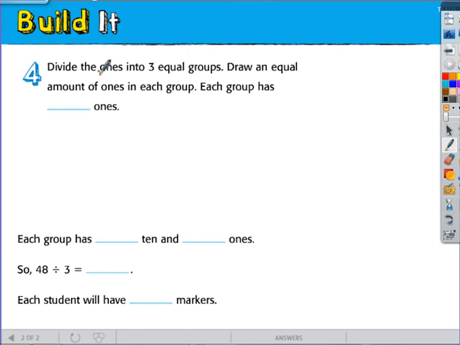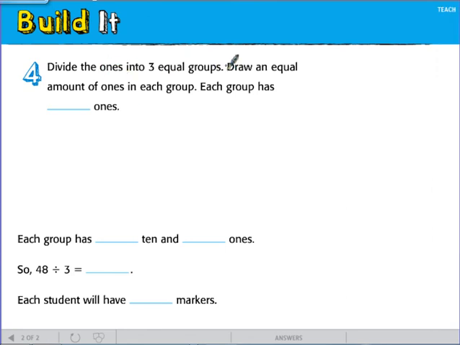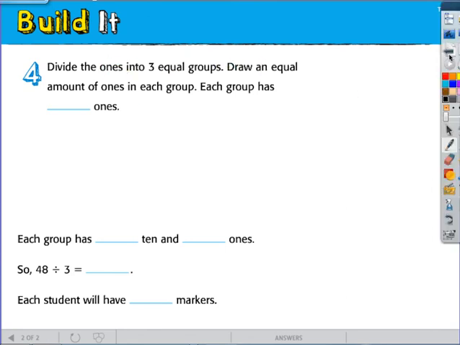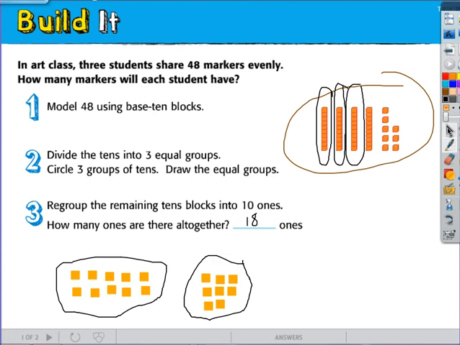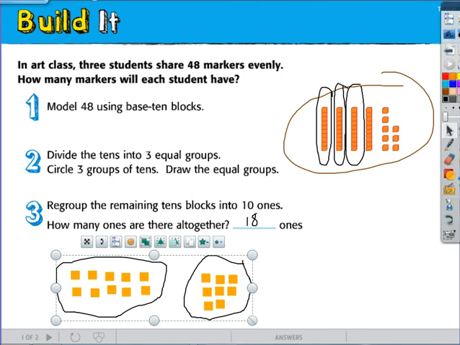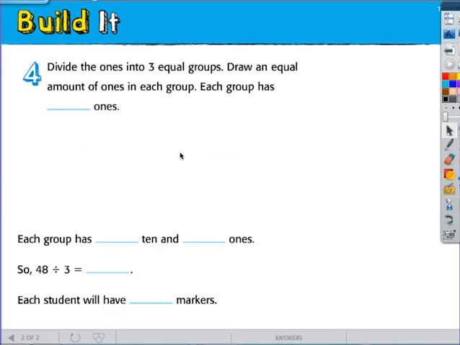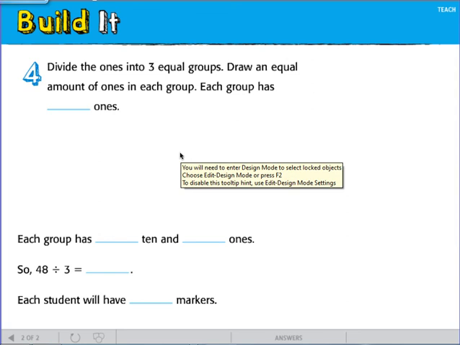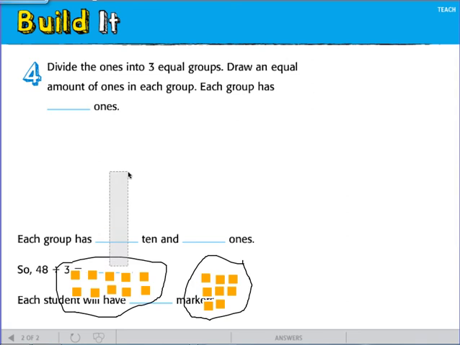All right, so here we go. We're going to divide the ones into 3 equal groups. Okay? So, one second, let me get this. Control C. Go to our next page. Control V. Look at that. Oh, that's awesome.